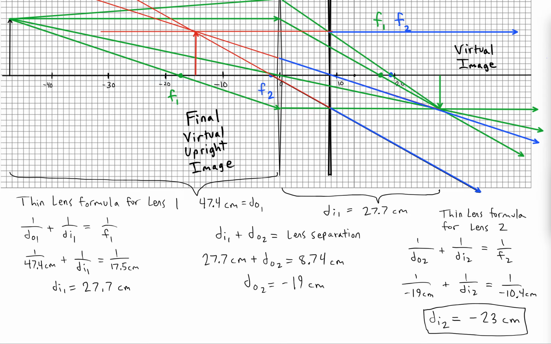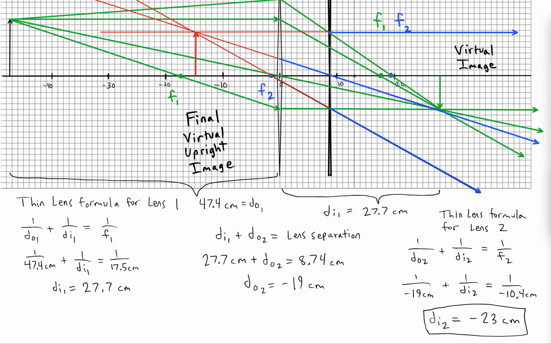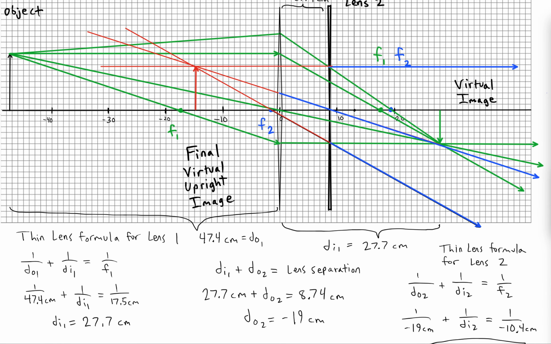Now the convention for lenses is if the image distance comes out positive, then it comes out on the opposite side of the object. But if the image distance comes out negative, it ends up being on the same side as the original object. And so that would be the case here in our problem.